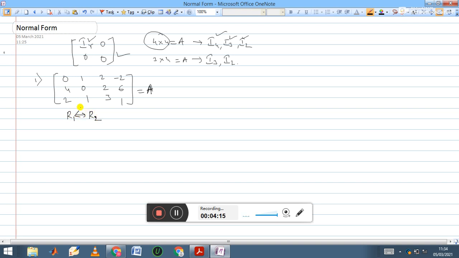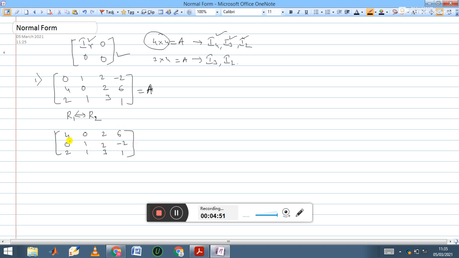Then your matrix becomes: in place of the first row you write the second row, 4 0 2 6. In place of the second row you get the first row elements, 0 1 2 -2, and your third row as usual 2 1 3 1.